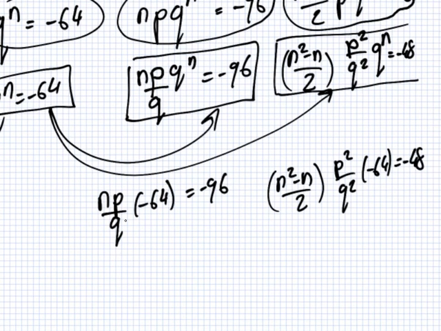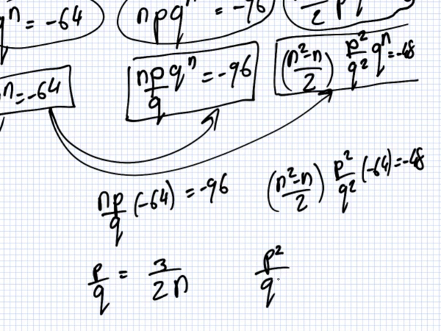Let me just clean that up a little bit. I get p over q, 96 over 64 is 3 over 2, isn't it? And I can bring the n down. And here I get p squared over q squared equals minus 48 over minus 64. That's 3/4, isn't it?